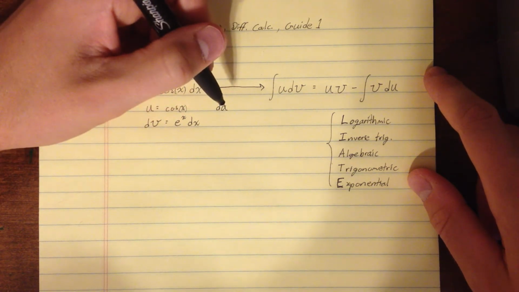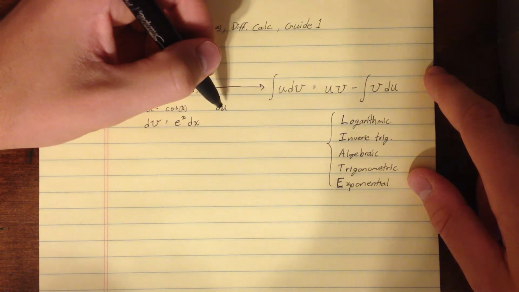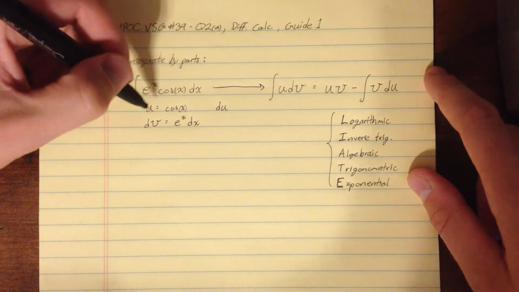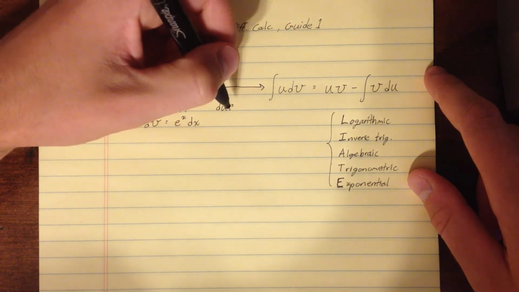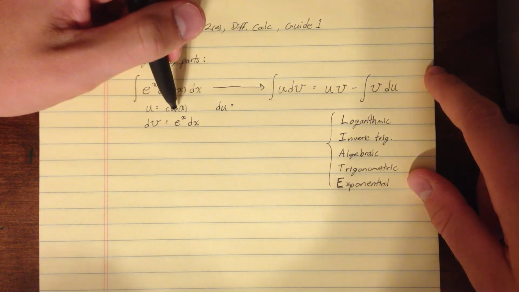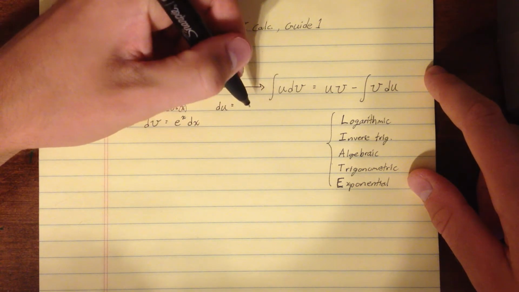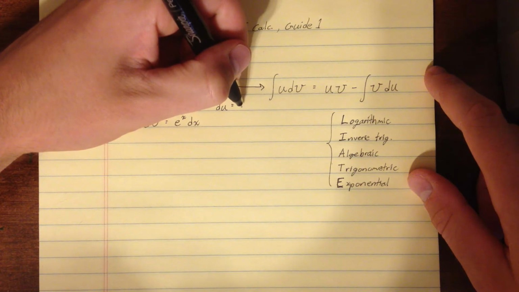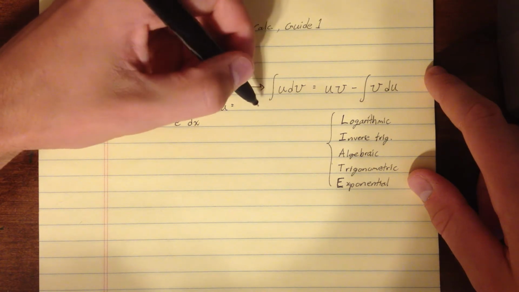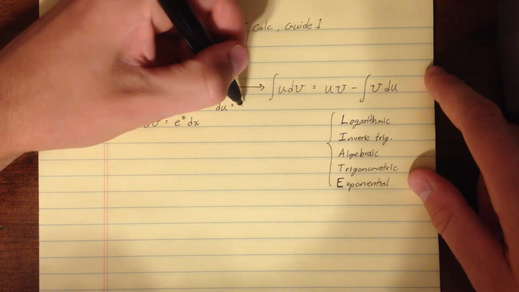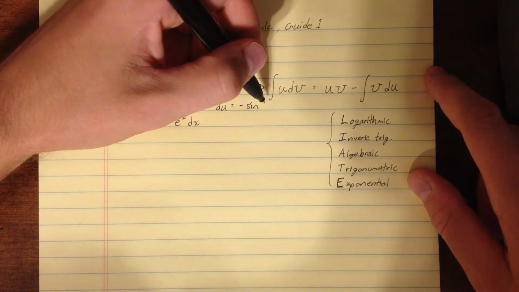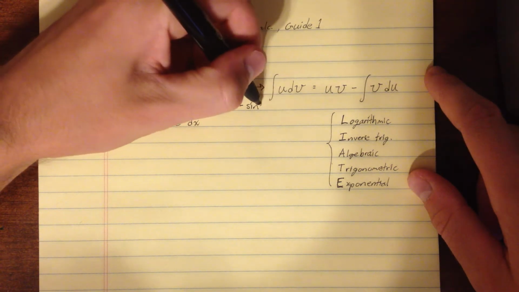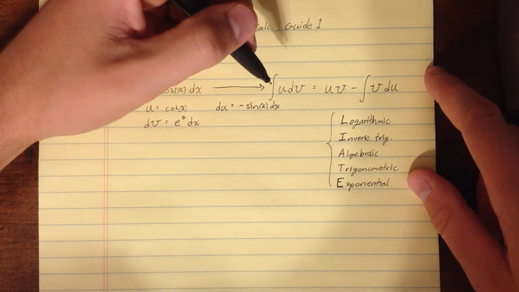Taking the derivative, du is going to be negative sine of x dx, negative since the slope is negative on a cosine.